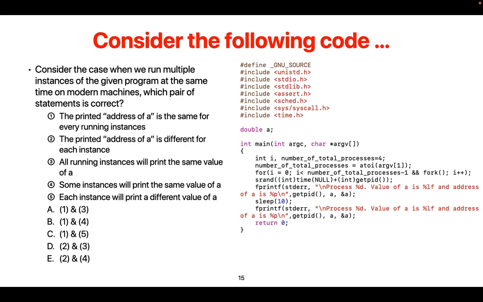Okay, so here's the thing. Why does everyone have the same memory address, but you can still obtain a value of each one? Have you ever thought about that? Fork, but what does fork do?